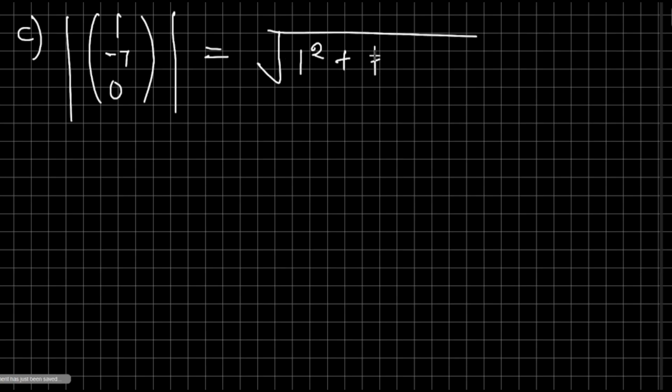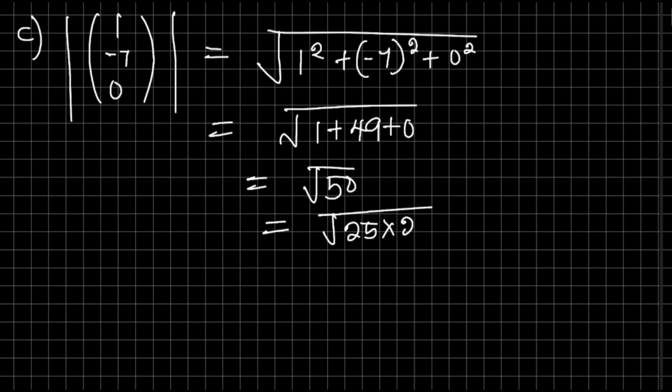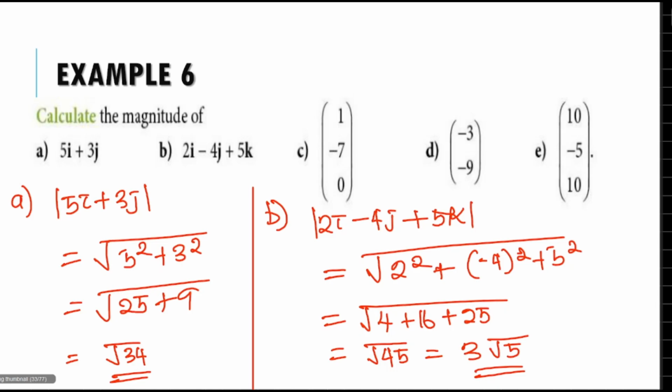So the magnitude of this is going to be the square root of 1 squared minus 7 squared plus 0 squared, and that is going to be 1 plus 49 plus 0, which is the square root of 50. And that is going to be the square root of 25 multiplied by 2, which is 5 root 2 as the answer.